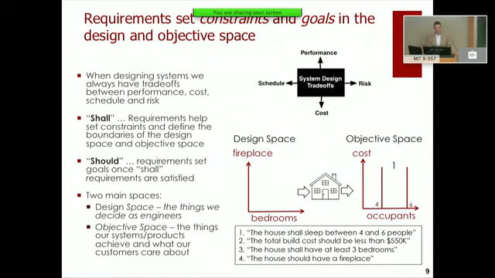The next one: the total build cost should be less than $550,000. Should be. What is that? A goal. It's a goal. Yeah, that's right. And is it in the design space or the objective space? Objective space. That's correct.